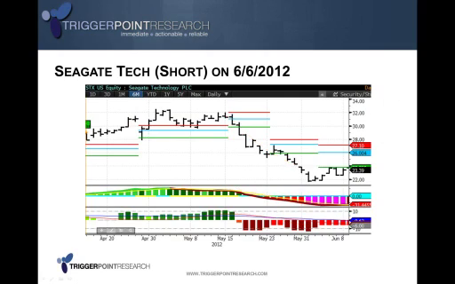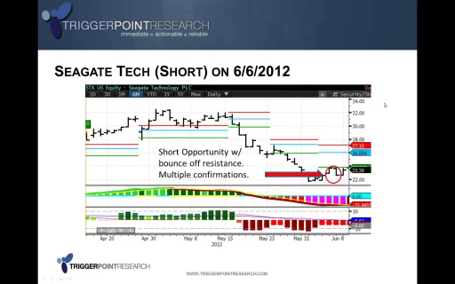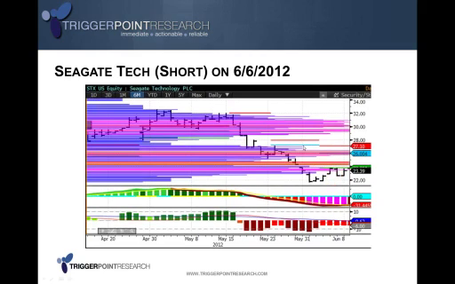When you look at this, it's kind of interesting. You had a great short opportunity because it bounced right to its resistance and came down. You had a lot of resistance throughout the entire chart. You put your stops right above the resistance level.